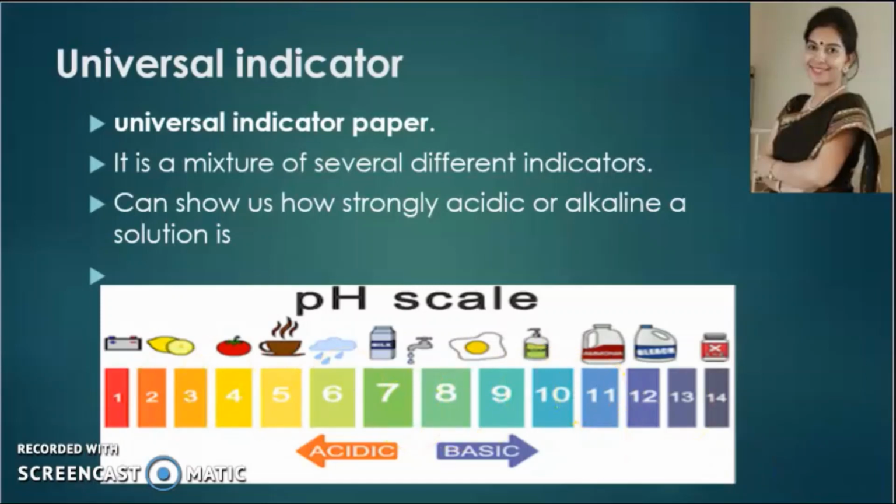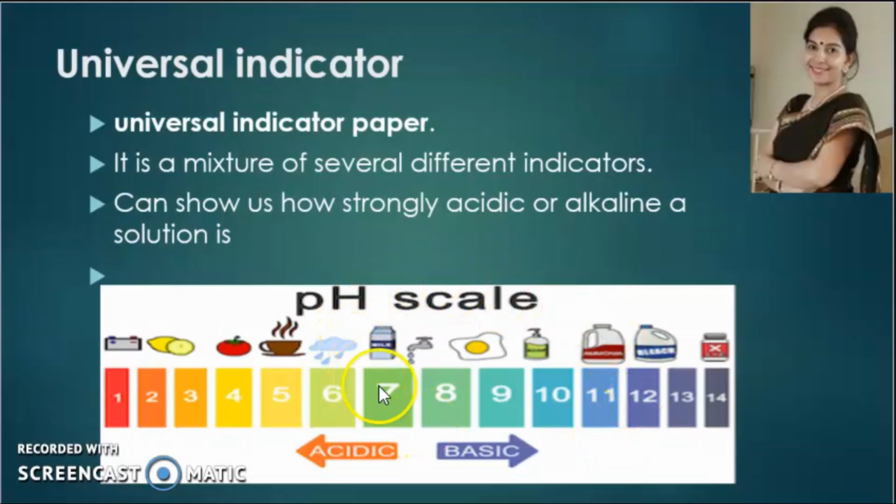The universal indicator shows many different colors, from red, which is strongly acidic, to dark purple for strongly alkaline, and in the middle is pH 7, which is indicated by green color.